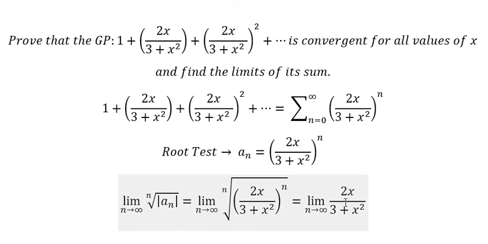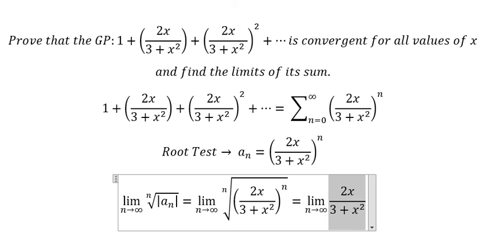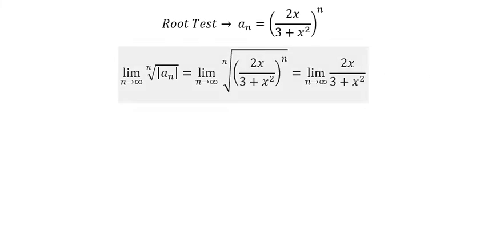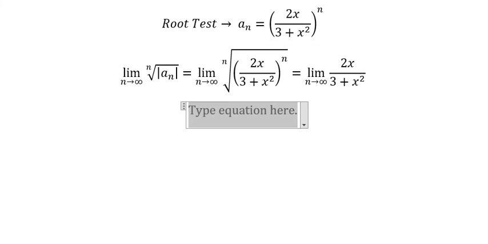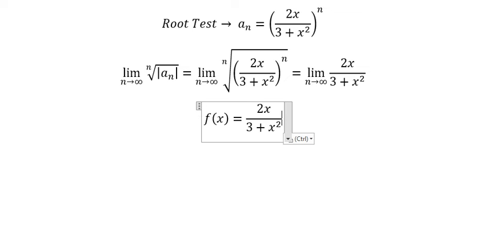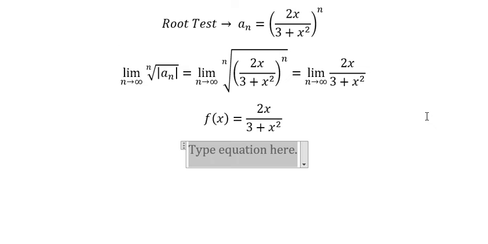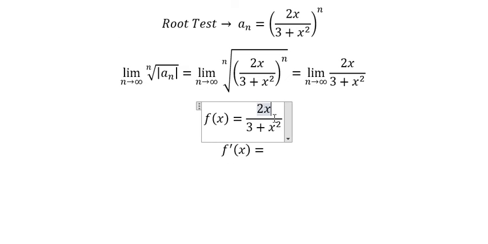Now let's consider this one. Now I will put f of x. We need to find the range of 2x over 3 plus x squared. To do this one, we need to find the critical values of the function in here. So if we first take the derivative, that should be like this.